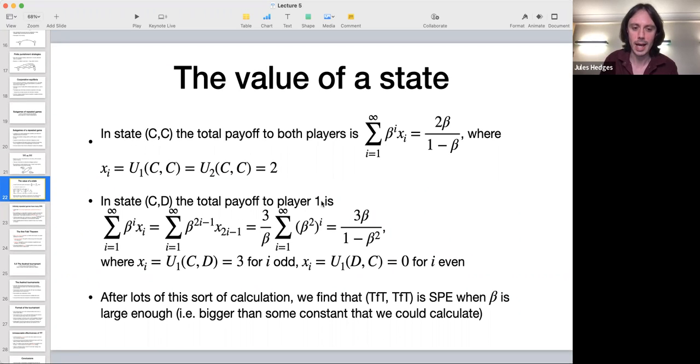That means that in the odd numbered stages, player 1 is going to get a payoff of 3, and for the even numbered stages, player 1 is going to get a payoff of 0. Is that right? I might have got these the wrong way round. There is a definite possibility that I've got these exactly the wrong way round, but it doesn't significantly affect things.